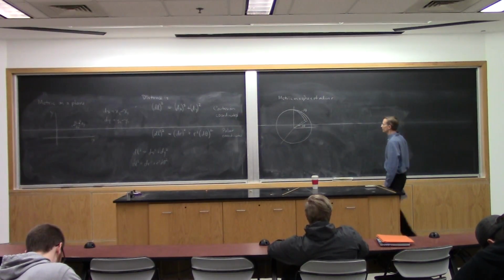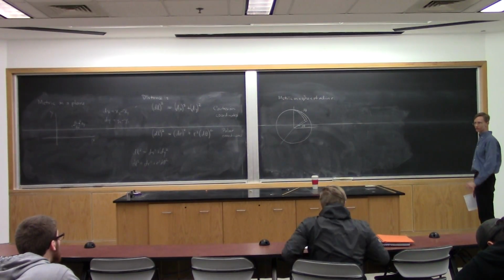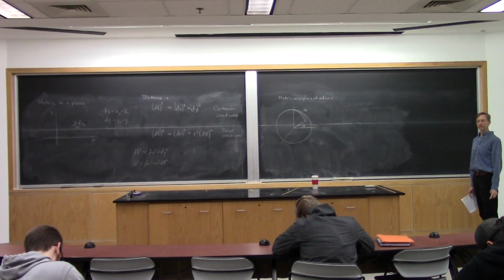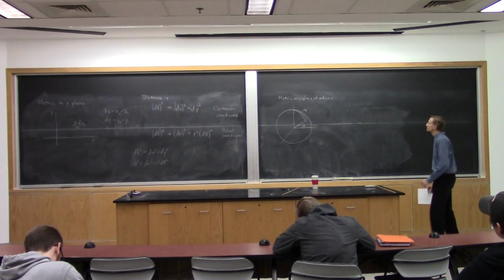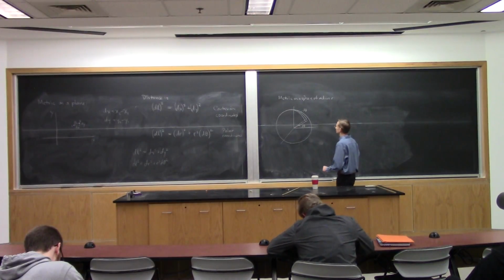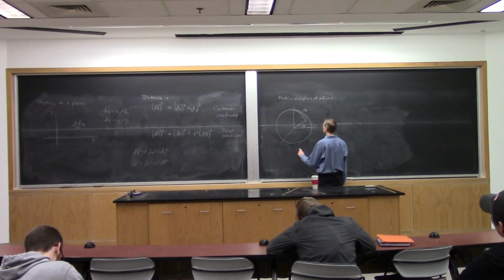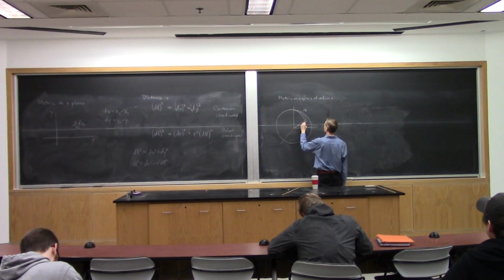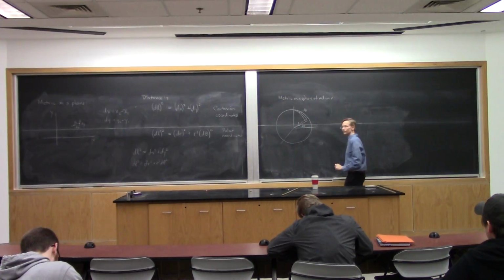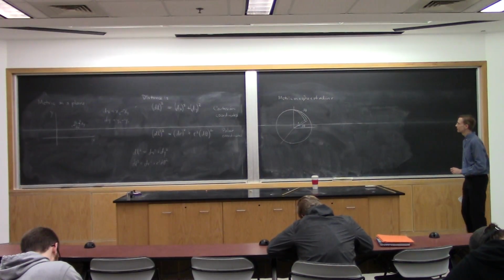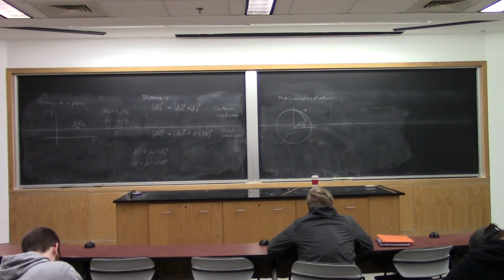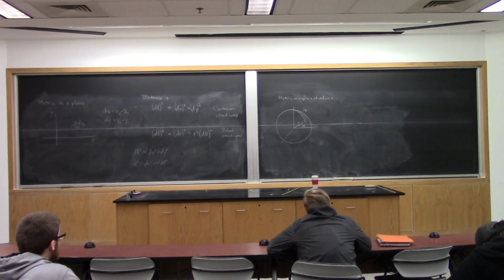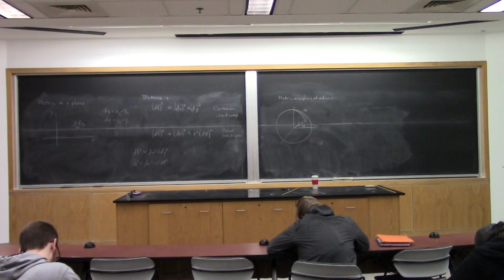So if we use polar coordinates on the surface of the sphere, theta and phi, and r is the radius of the sphere, what I've done there is I've drawn a little patch on the sphere that is d theta in angular width by d phi in angular width.